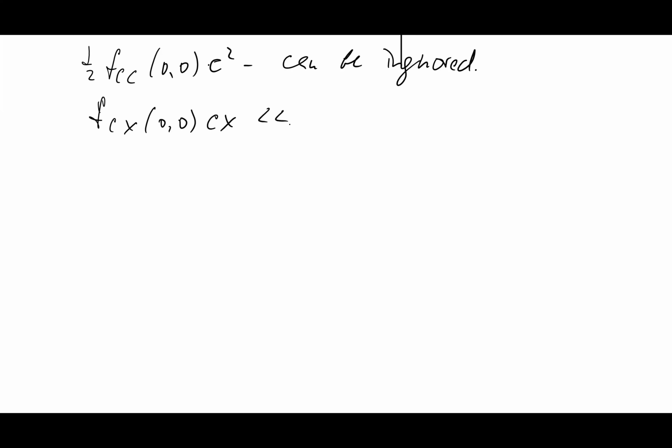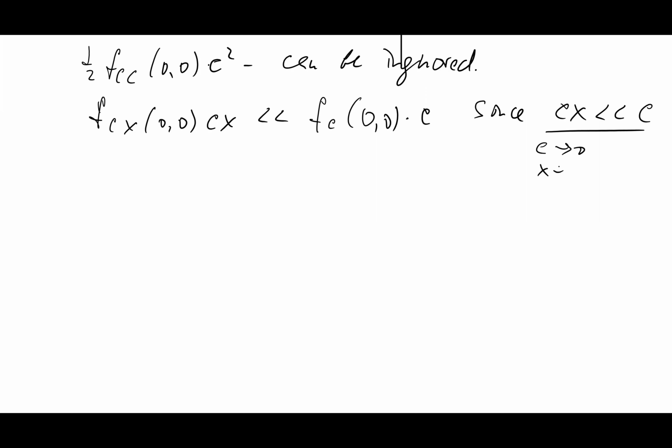It is also much smaller than the derivative over c at (0, 0) times c, since cx is much smaller than c: c tends to 0, x tends to 0, and c is multiplied by something tending to 0. Therefore cx is much smaller than c, and can also be ignored.